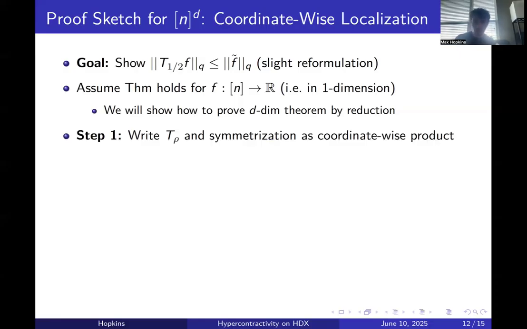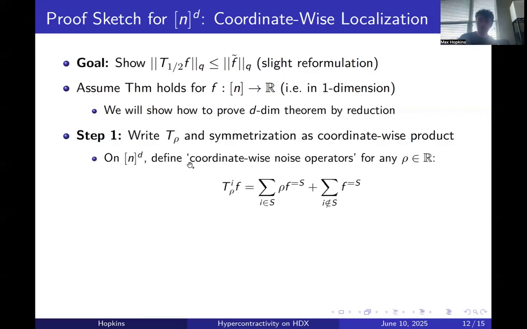We'll do this in two steps. The first step is what I'll call decorrelation, which is basically to write this global operator T_rho or T_{1/2} and symmetrization as a coordinate-wise product of operators acting on each coordinate of [n]^d independently. In other words, we'll define these coordinate-wise noise operators for any real-valued rho.